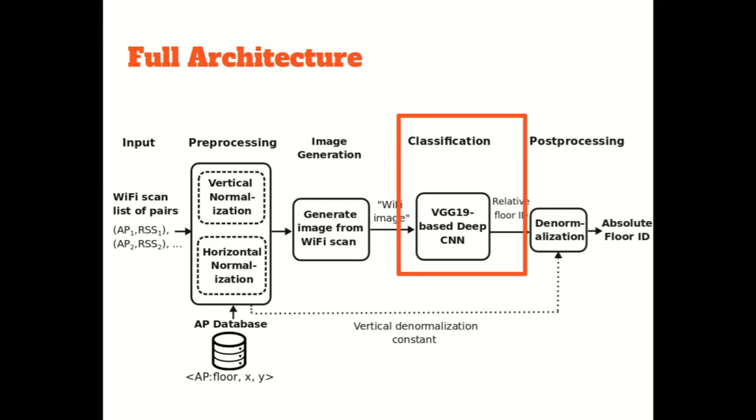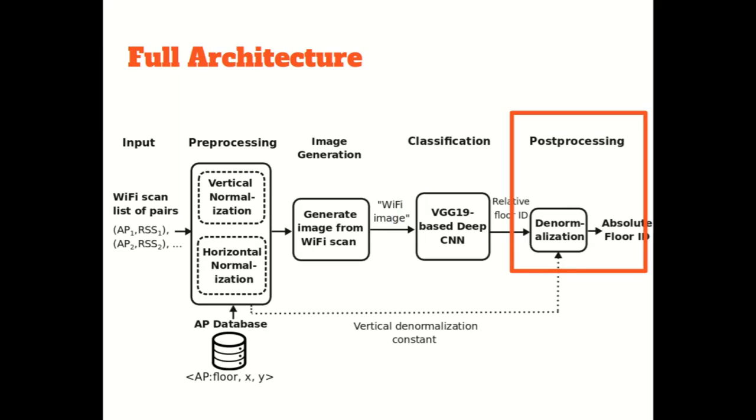Then, this image is fed to the trained deep convolutional neural network, which is a VGG19-based neural network, and the floor ID estimate is generated. Finally, we have a post-processing step that converts the output of the classification step to a floor number that is valid across the actual building, since the solution was actually made in the virtual building.